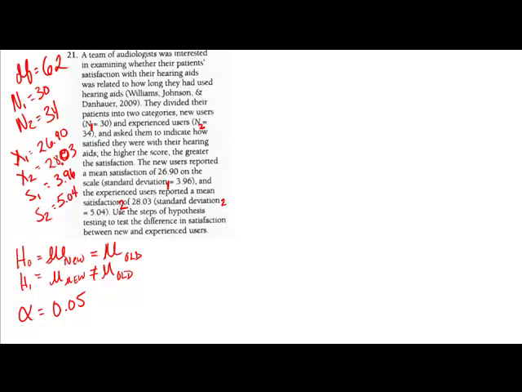Let's look up in our books on page T18. 60 degrees of freedom is 2.00. So our critical value of t is going to be plus or minus 2.000. If we're beyond that, we'll be in the shaded area and we can reject the null hypothesis.